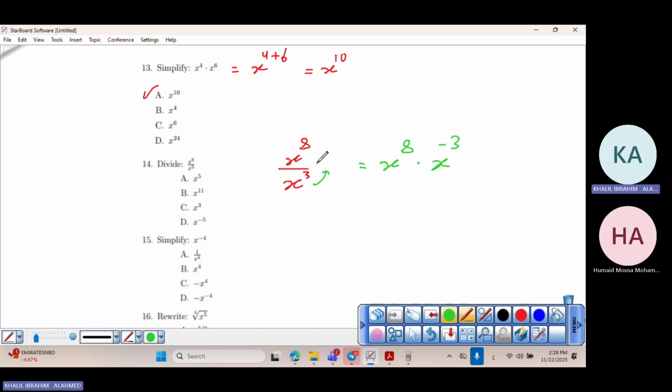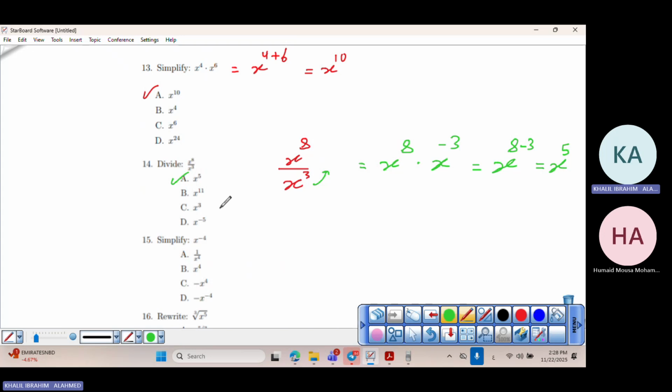Because when it goes up, you change the sign of the exponent. Now it's easy: 8 minus 3. Be careful about this 3. The answer is x to power 5.